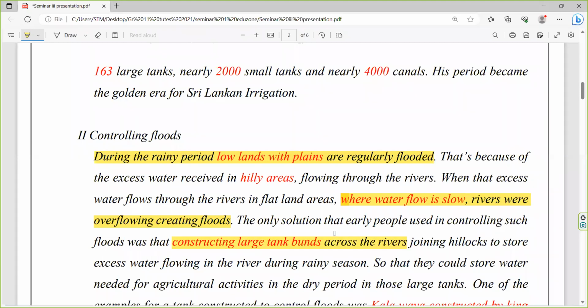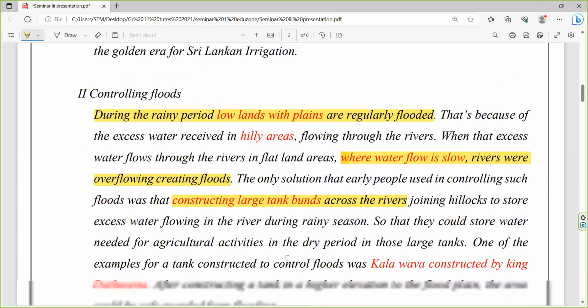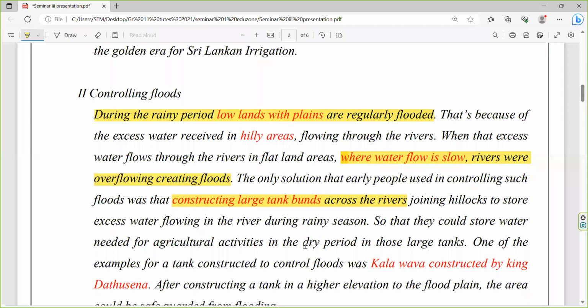Why did they construct these tank bunds across rivers? In the area above that dam, excess water is collected. That area becomes a tank. That excess water can later be used in dry periods for agricultural activities. So they could store the water needed for agricultural activities in those large tanks.